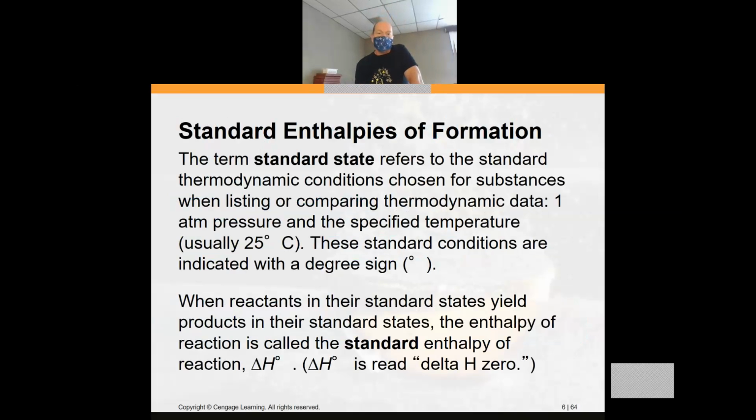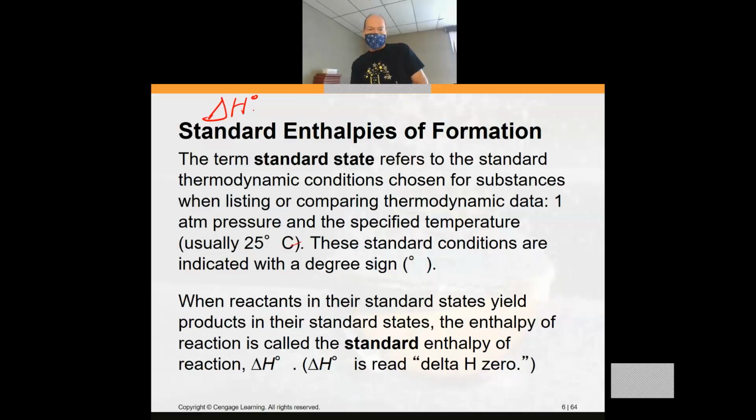All right, so we're going to do a lot of stuff with standard enthalpies of formation. So this is your delta H, and there's usually a little circle up here. That circle means standard state. These are our delta H values. A standard state here is 25 degrees Celsius and 1 atmosphere.